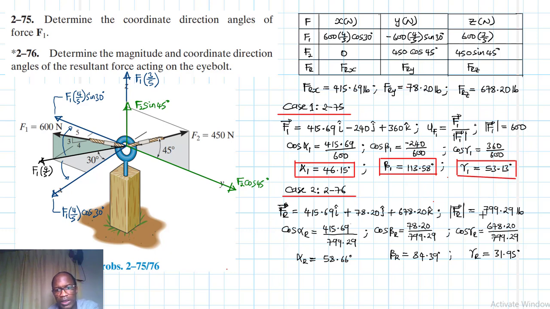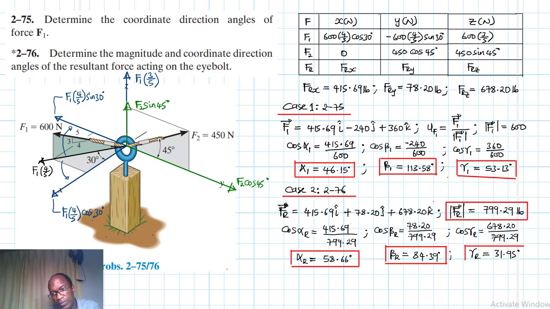And in the second case here we have the magnitude, and then we have alpha r, beta r, and gamma r. All right, I think this is about it.